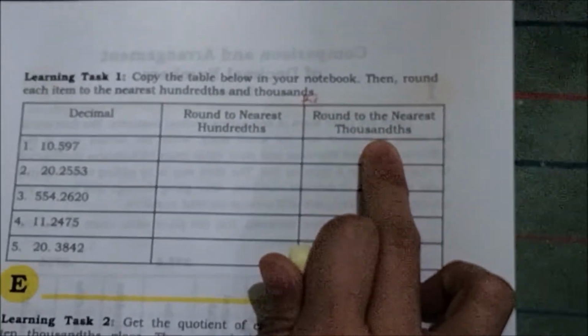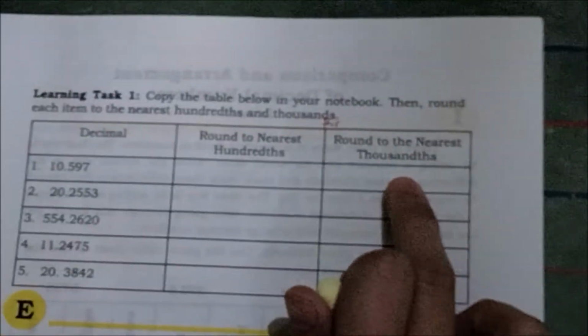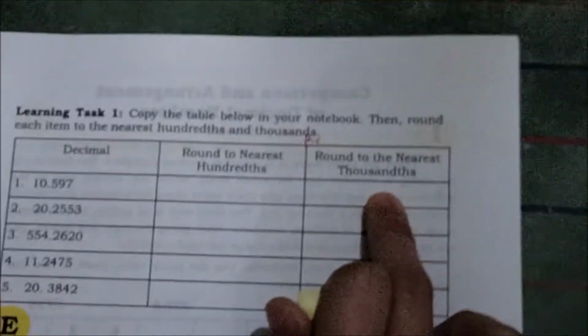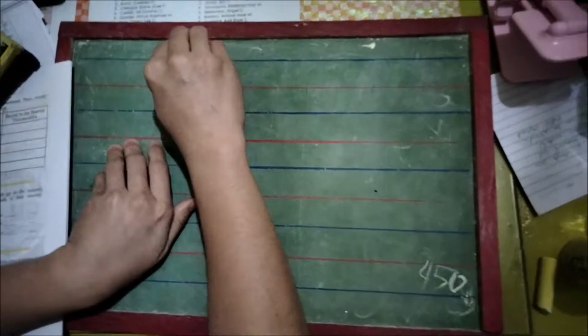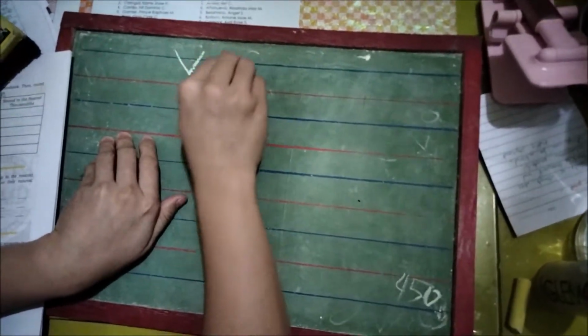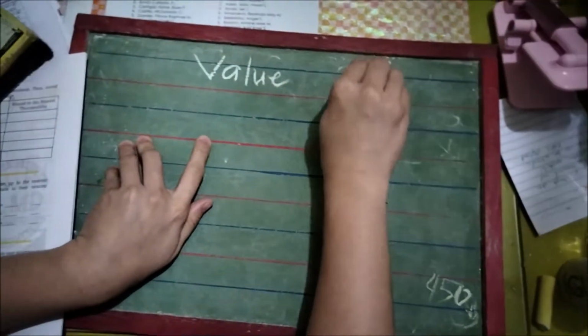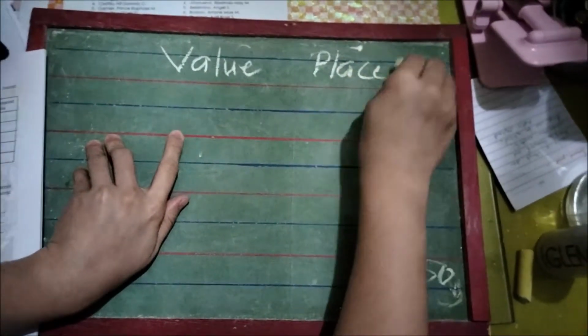You must already understand from the previous lesson the place value of a number. In our previous lesson, we have the value, and then we have the place value.